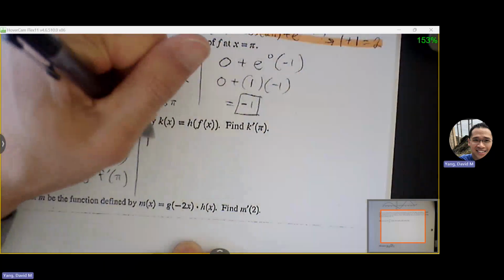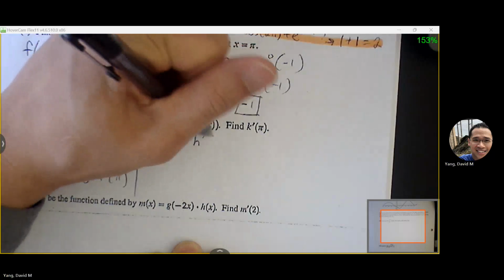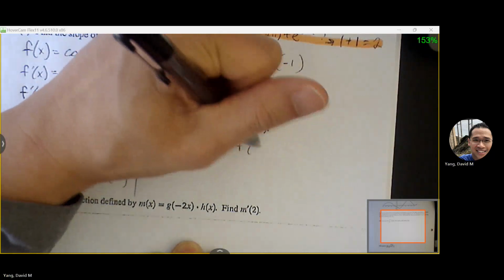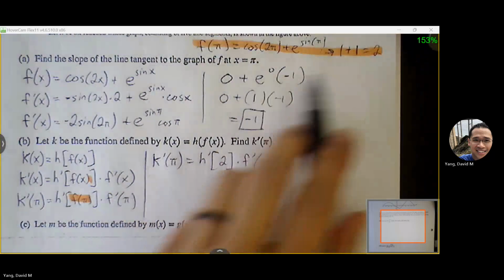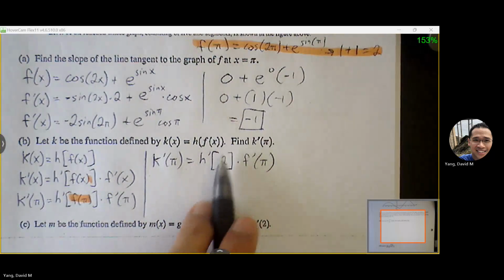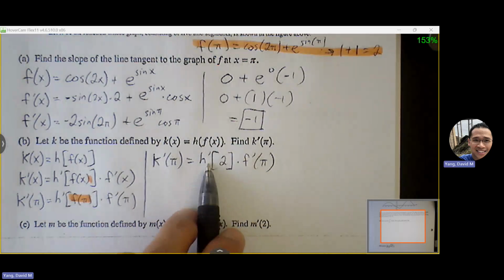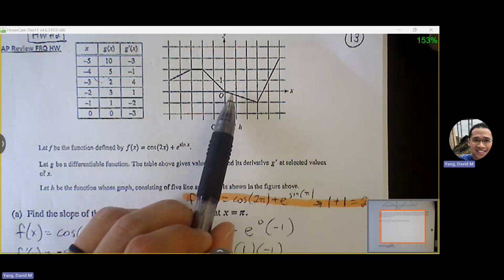Okay, so now we have that information. We can update our derivative. So this is pulling from h, right? H prime of 2. So that's asking for the slope of the h graph at 2.